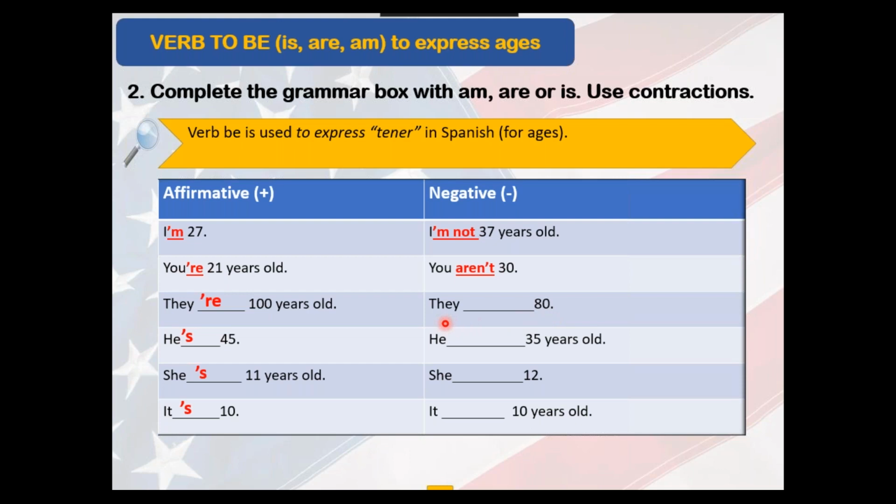They 80. In negative, they aren't 80. Yes. He 35 years old. He in negative, come on. Verb to be negative. He's not 35 years old. Correct. She 12. She's not 12. It 10 years old. It's not 10 years old. Perfect. Okay? That is the use of the verb be to express ages.